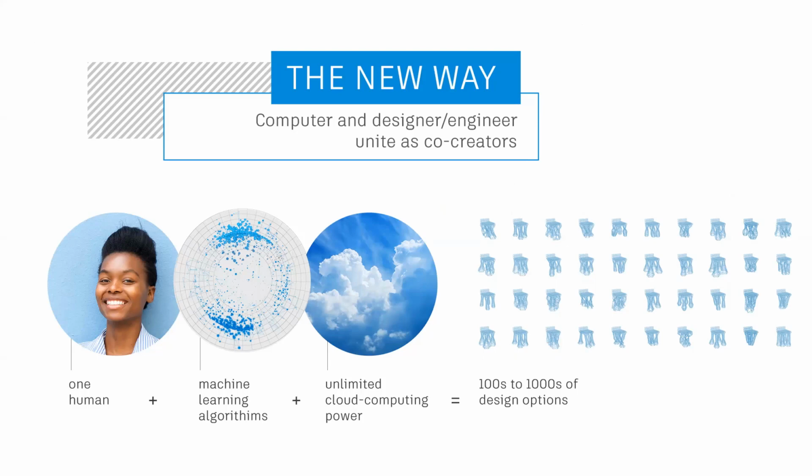Coupled with intelligent algorithms, which are constrained by certain manufacturing know-hows, like, the design should have a form, it should be able to perform a function, as well as it should be able to be fabricated by any means. Added with unlimited cloud computing power, it can help you to extract hundreds or thousands of different design options for a single problem statement.